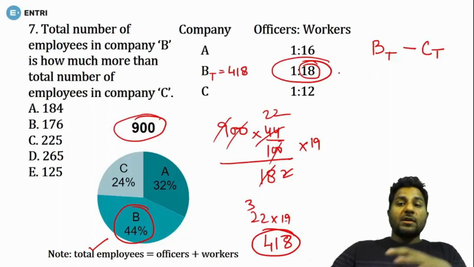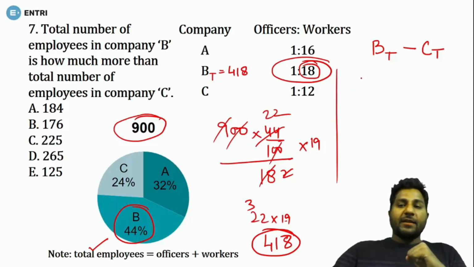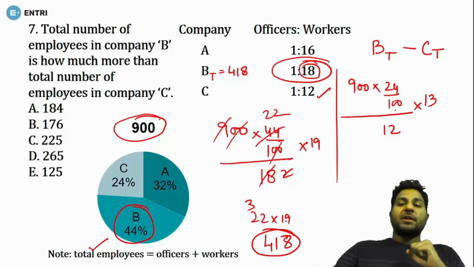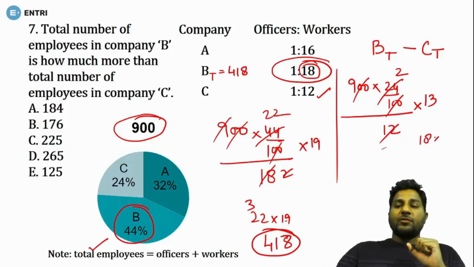Now let's find out C's total employees. And we know that this 900 will be compared this time with 24. And this 24% of 900 will be compared with 12 while multiplying with 13 to get the value exactly. So 9 twos are 18, 18 into 13.